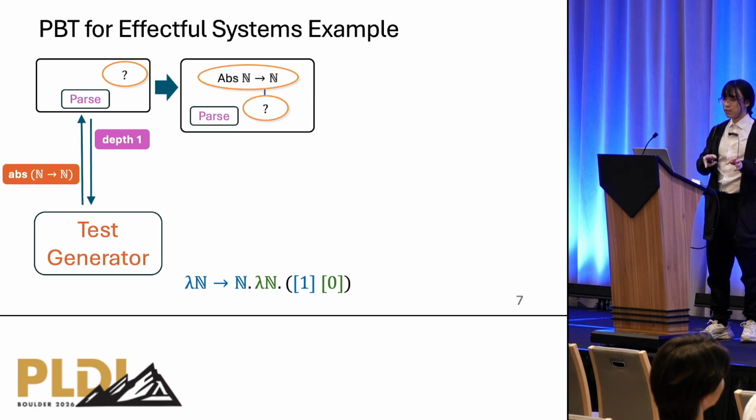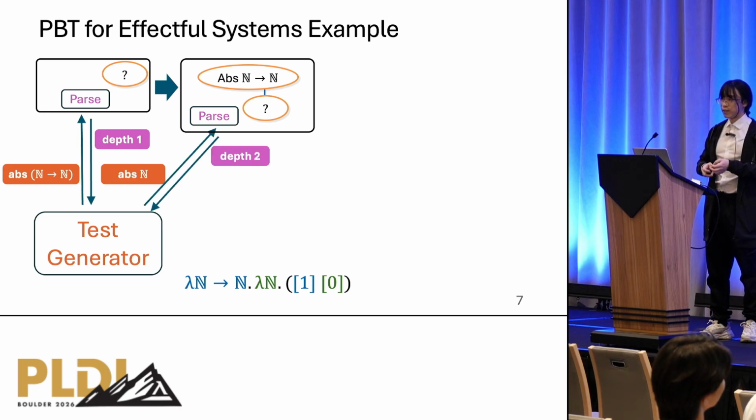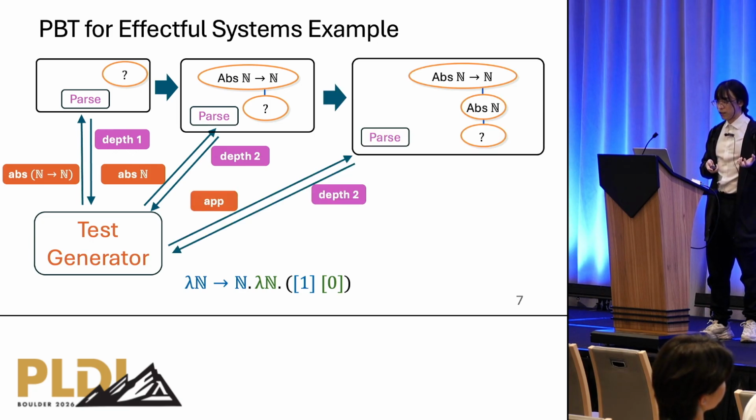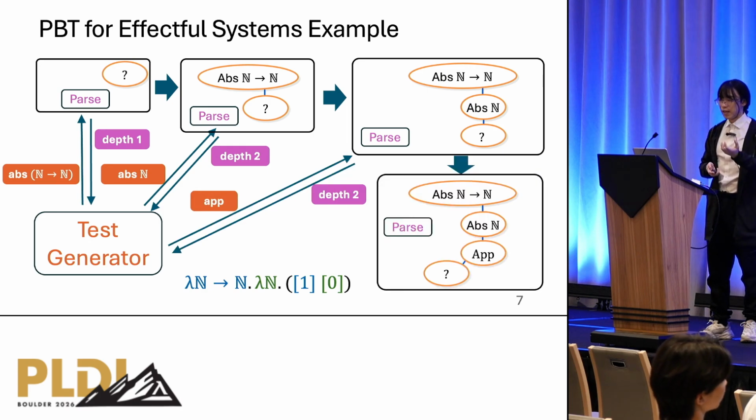And the system then returns the depth 1, that is the depth of the nested function, and transfers to another state. You can see this AST change, and the test generator wants another abstraction, and then wants an application. You do that consecutively. That's the way you construct this AST in an interactive style.